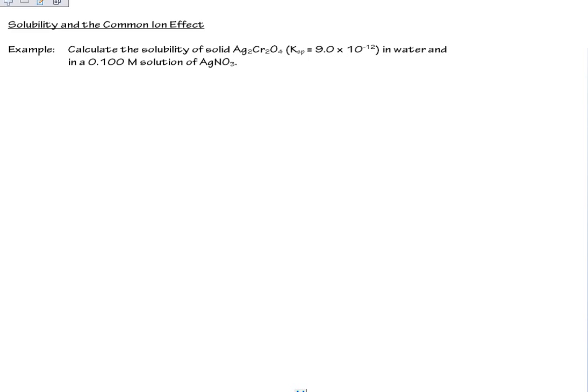This one will be pretty straightforward. If we wanted to write an expression, I would have the original solid, the silver dichromate. It would dissociate to a small extent, and we'd have 2 silver ions and a dichromate ion, Cr2O4, which is a -2 ion.